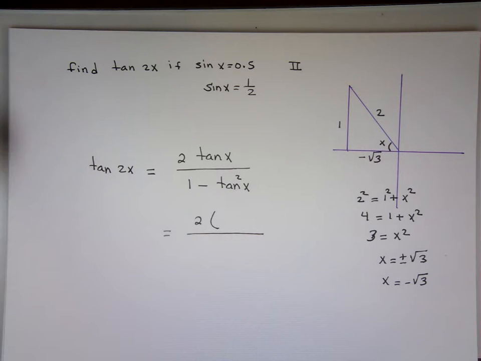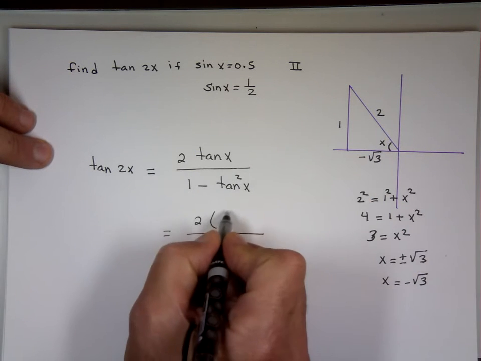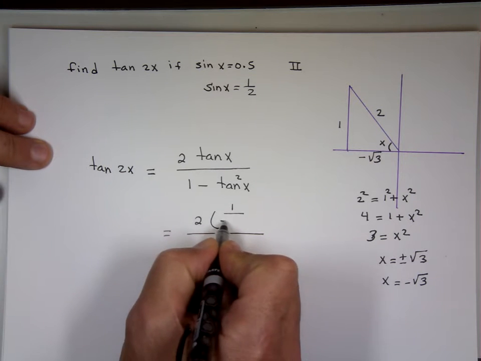What side is the tangent? SOH-CAH-TOA. T-O-A: opposite over adjacent. Opposite is 1, the adjacent is this. So the tangent is 1 over negative the square root of 3.